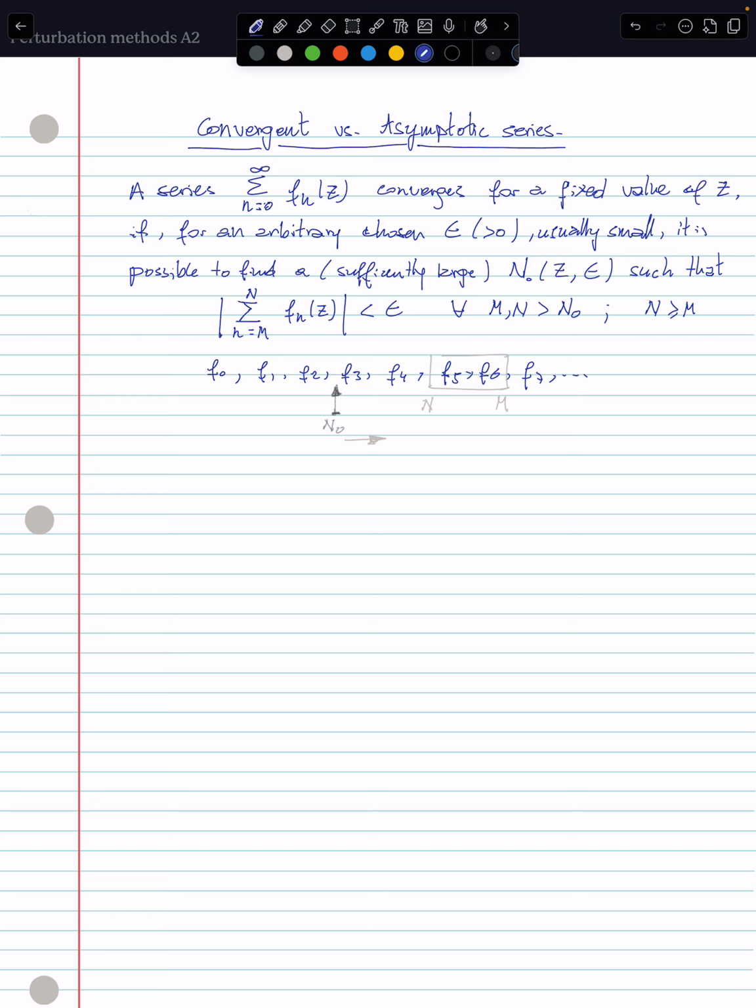And then we can also say that a series converges to a certain function, right? That's another concept that is very important, because this is what we want to do in the problems we tackle here.